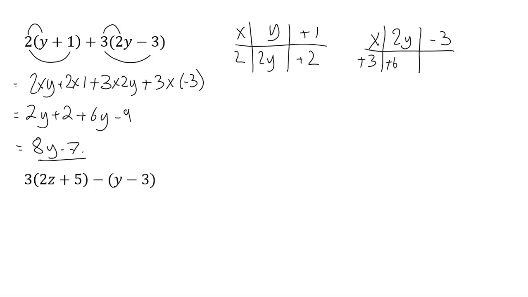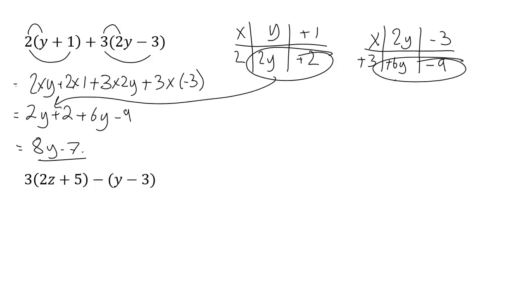I'd then have plus 6y plus 3 times negative 3 gives me minus 9, and would you look at that, there is the first part of the expansion, there is the second part, and the signs have dealt with themselves. So be very careful which of the two methods you work with. You just have to make sure your signs deal with themselves and you get them correct.